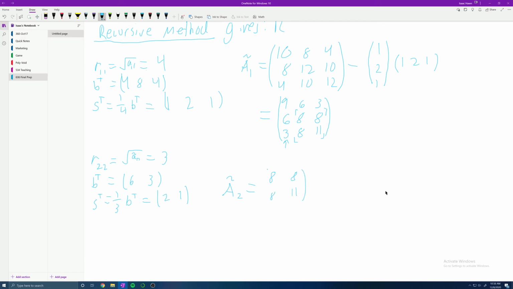And we're going to subtract S times S transpose from that, which is 2, 1, 2, 1, like that. And that's going to give us matrix A wave 2, which is going to be 4, 6, 6, 10.